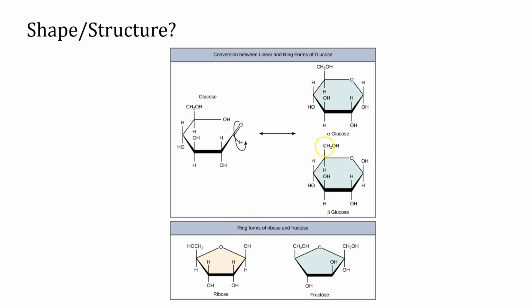This would be an example of a 6-carbon sugar, but sometimes you could have a 5-carbon sugar, such as this one. You can see 1, 2, 3, 4, and then 5. There's another carbon sticking out there. So this is what sugars look like, and you can have a whole bunch of different types of them.